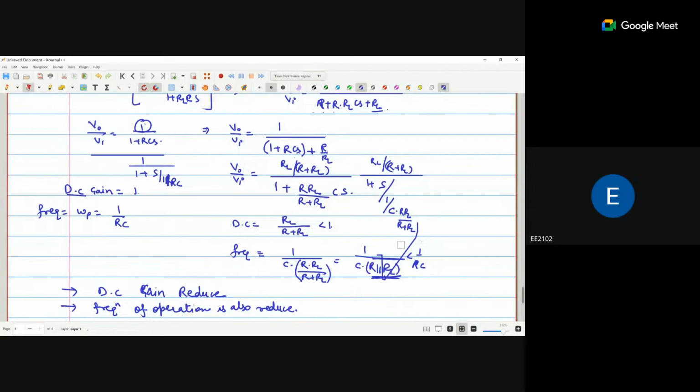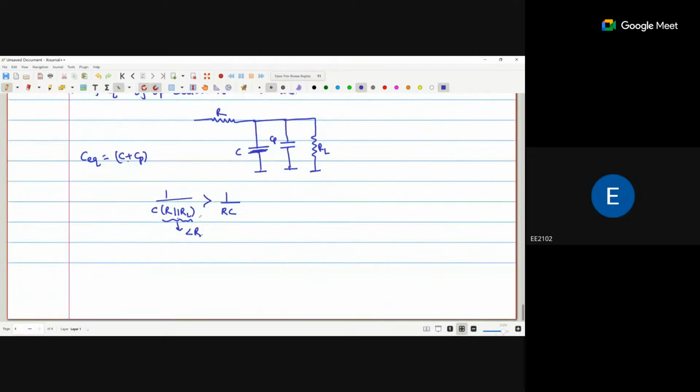The frequency of operation is greater than, because this one is less than R. So 1 upon C multiplied by R parallel with RL should be higher than 1 by RC.